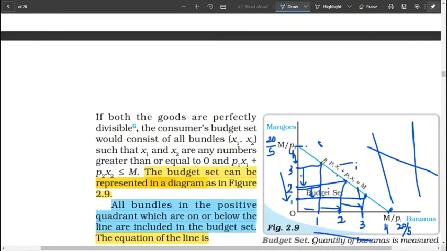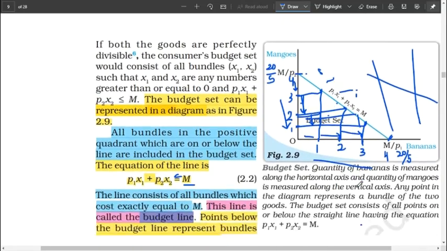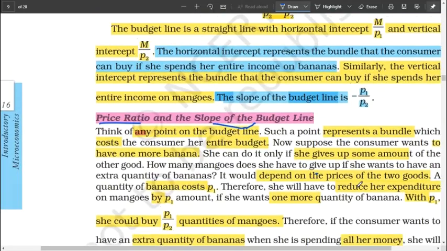The slope, minus P1 by P2, indicates how much you have to sacrifice, giving up mangoes to buy more bananas. So that is the meaning of the slope of the budget line, which is equal to the price ratio. But remember the minus, the sacrifice.